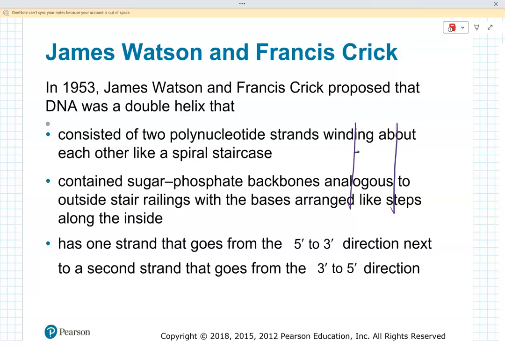And if one strand contains C, then opposite to it in another strand, there will be G. If one strand contains A, in another strand there will be T. Is it clear? It's a double helix, okay? And these lines effectively represent sugar phosphate backbones. I'm going to show you an illustration in a minute.